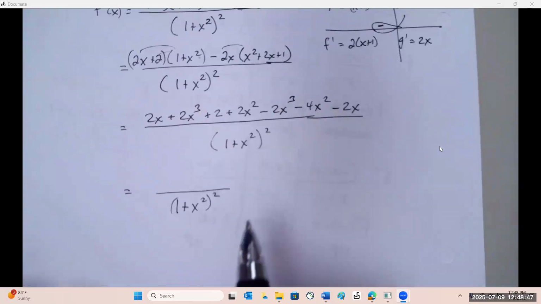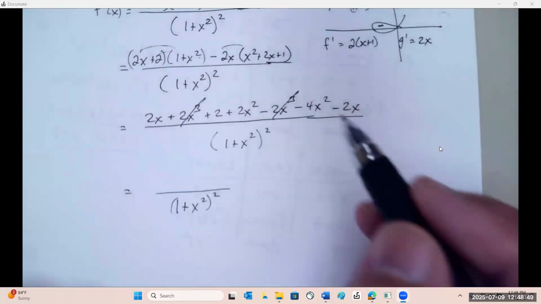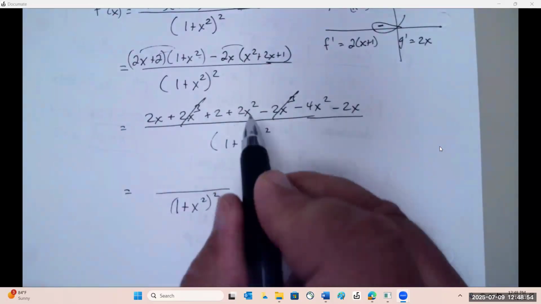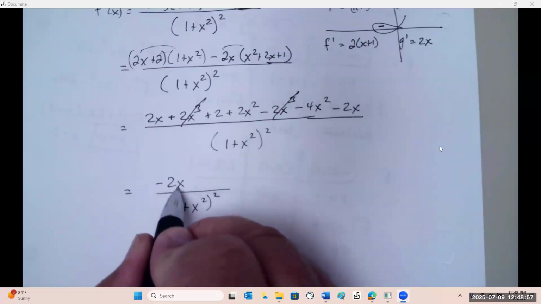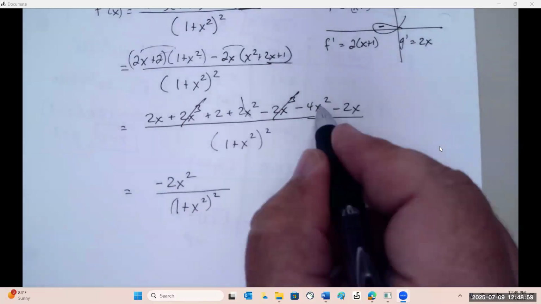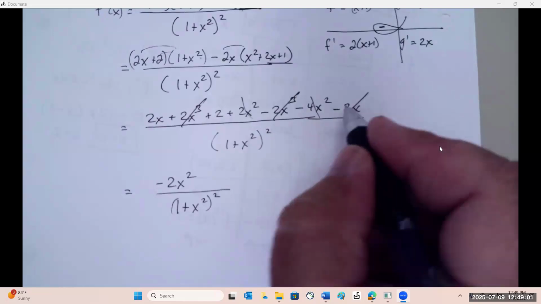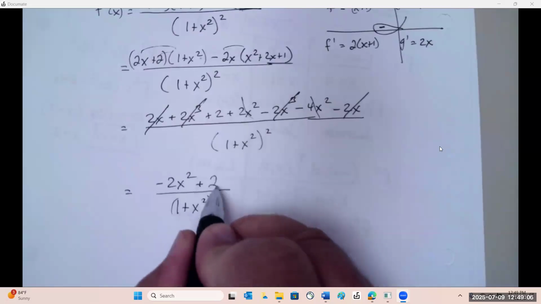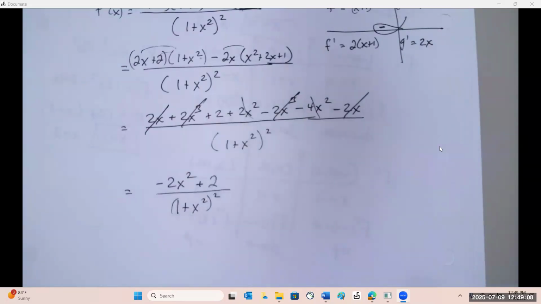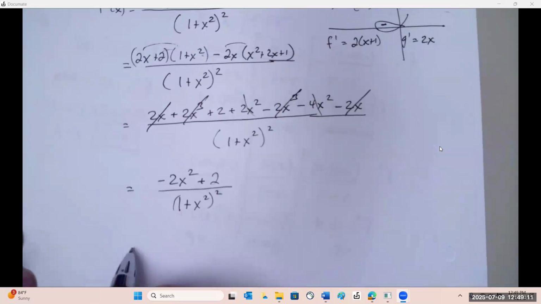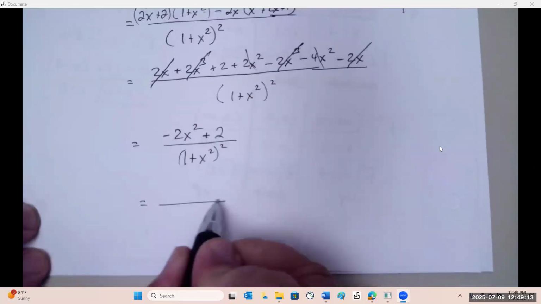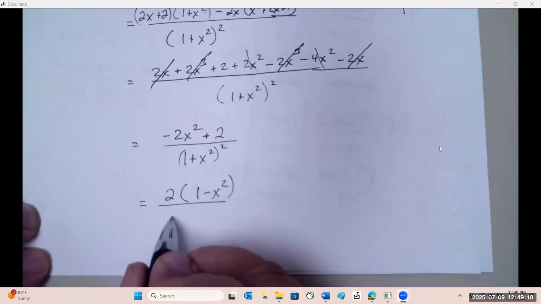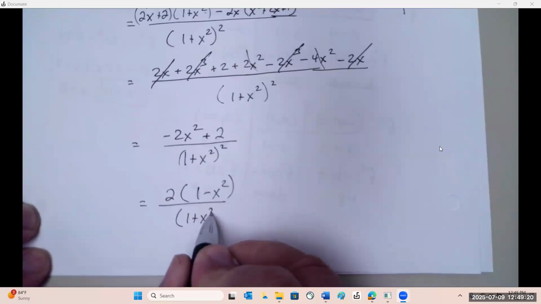The bottom, leave it alone. 2x cubed minus 2x cubed cancel. We have negative 4x squared, positive 2x squared, so it's negative 2x squared. Negative 2x, positive 2x cancel. We have a plus 2. So that becomes 2 times (1 minus x squared) over (1 plus x squared) squared.